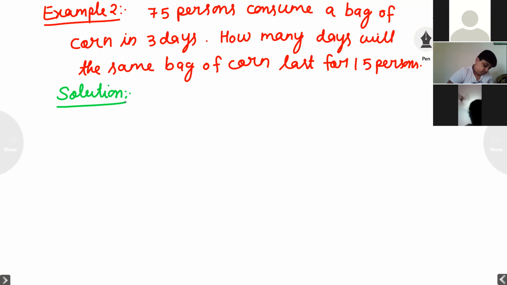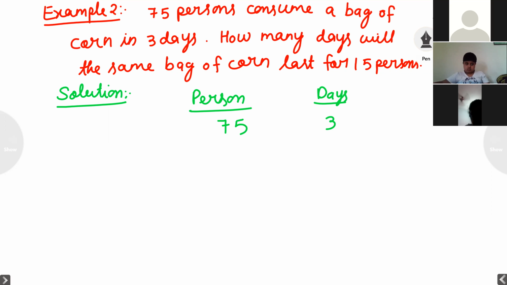First side persons, next days. 75 persons, 3 days. 15 persons, x days. Persons are decreasing, so days will increase. Inverse.